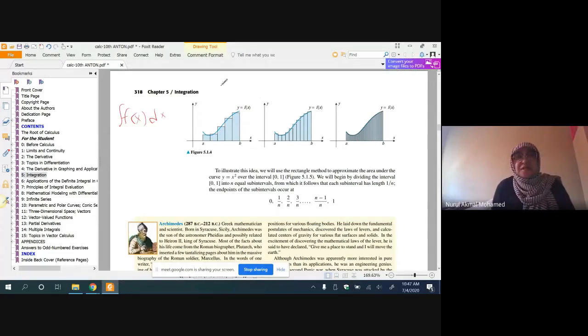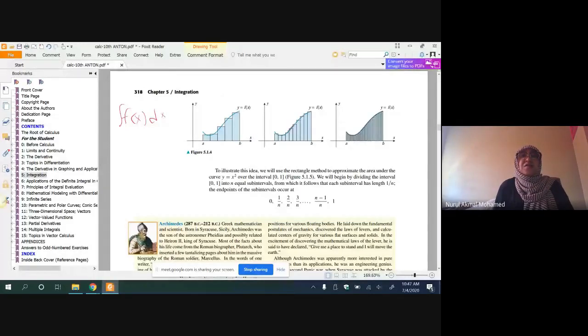In this case, how many rectangles do you have? 1, 2, 3, 4, 5. 5 rectangles, and this one will be 1, 2, 3, 4, 5, maybe more than 10. So the approximation of the area under the curve for the second figure here is more accurate than this one.